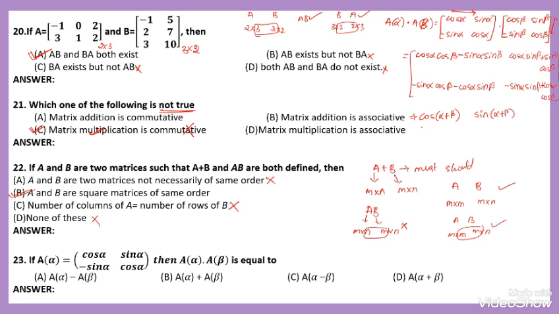Now here, taking minus as common, sin alpha cos beta plus cos alpha sin beta, by using the sine formula, and taking minus it becomes minus sin of alpha plus beta.